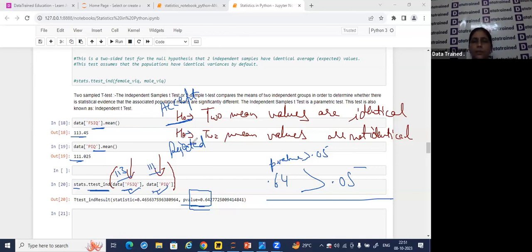So the null hypothesis is accepted. Because the P value is 0.64, I will say the null hypothesis is accepted. H0 is approved. It will say the two mean values are identical.